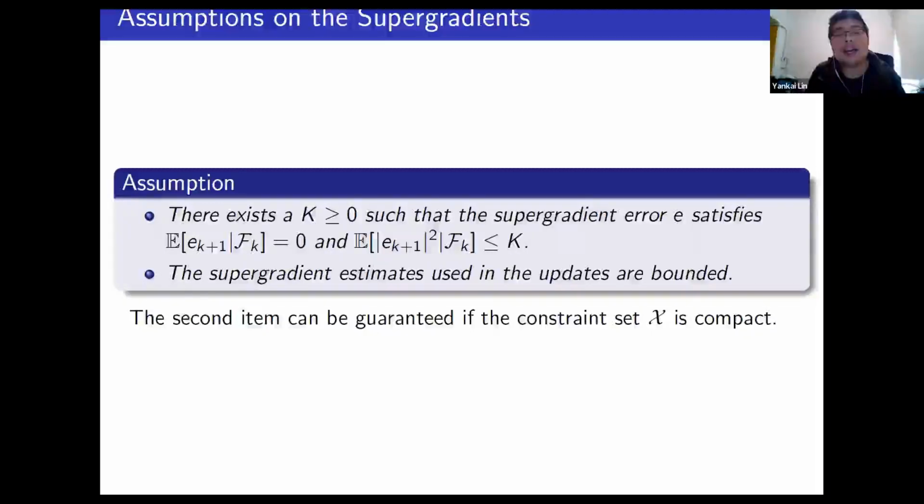And in fact, in most cases, having a compact constraint set X is not a particularly strong assumption, because in order for an optimization problem to make sense and have physical meaning, it often makes sense to have a solution that's real valued and does not become infinity. So constraining to a compact set whose size may be arbitrarily large, I would say it's a reasonable assumption. So it's not a very strong assumption regarding the supergradient of the dual function.